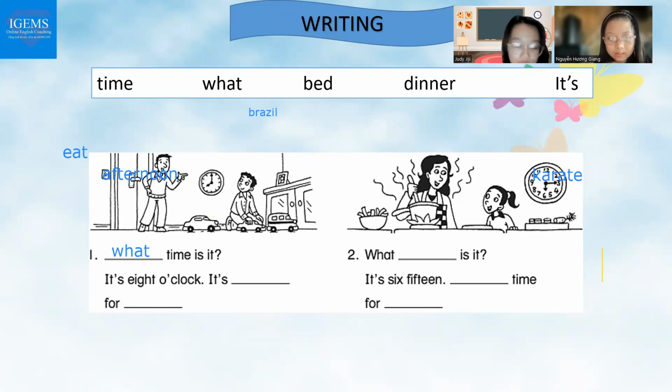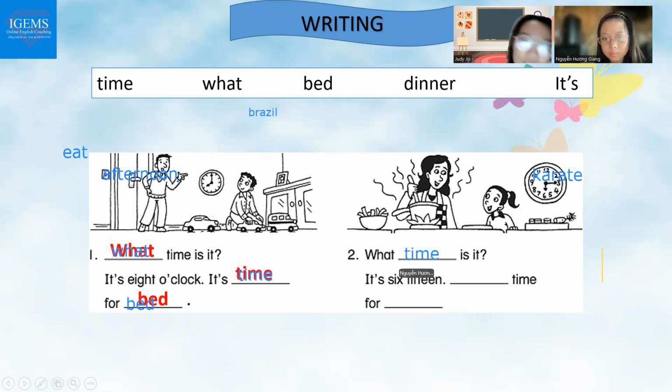What time is it? That's right. What time is it? And the answer? It's time for bed. Okay, because it's 8 o'clock, so it's kind of late. And number two, what time is it?